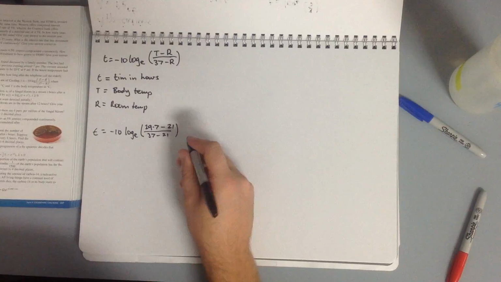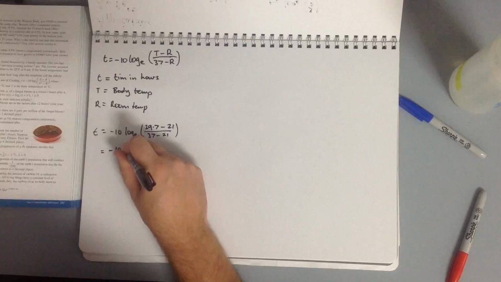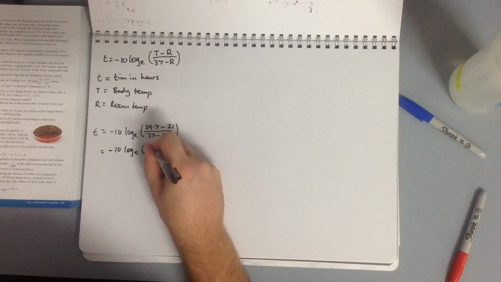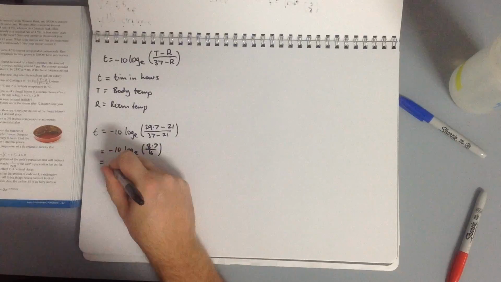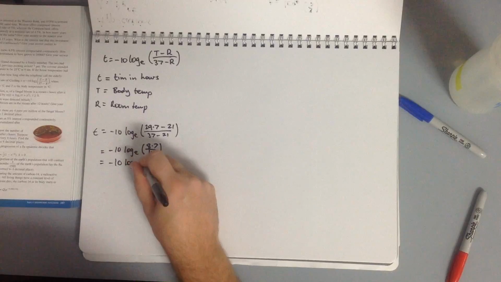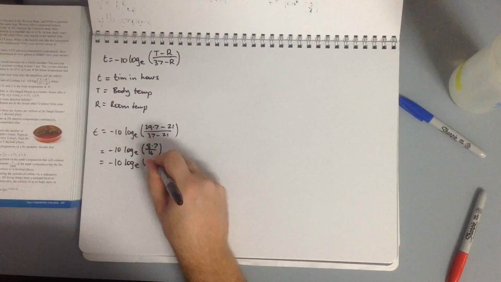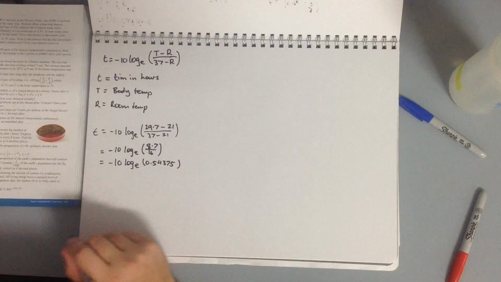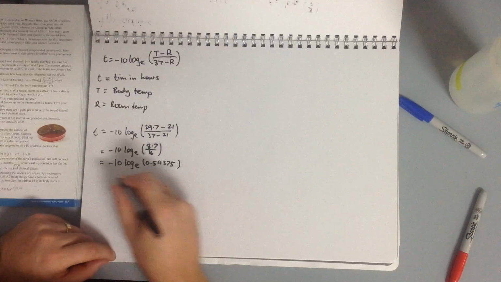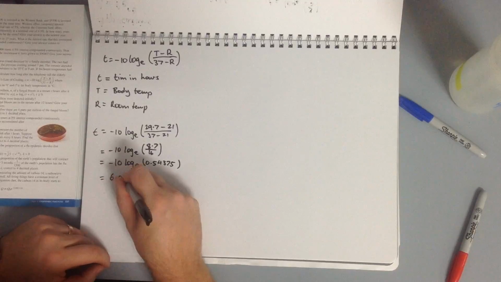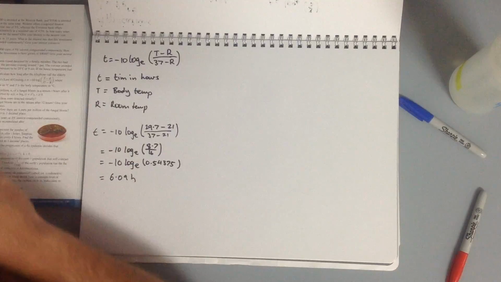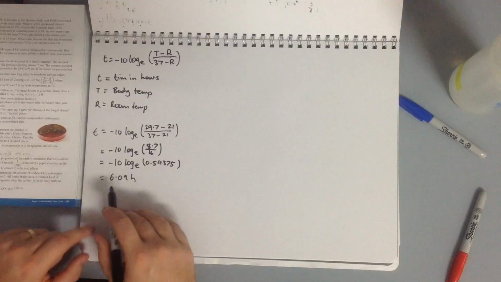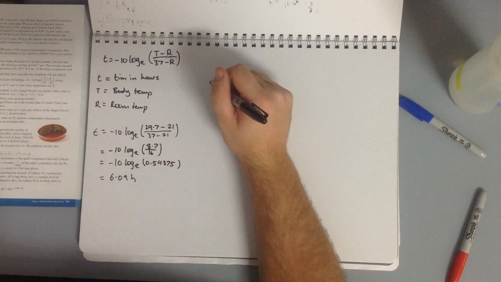That is equal to negative 10 log to the base e of 8.7 over 16, which is equal to negative 10 log to the base e of 0.54375, which means we're looking at 6.09 hours. So it looks like it's about that amount of time, but we need to have a look at the other temperature as well.